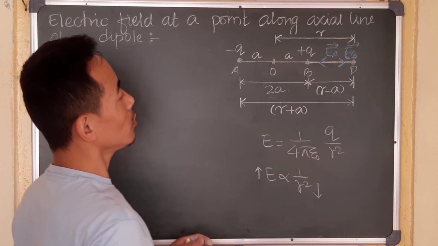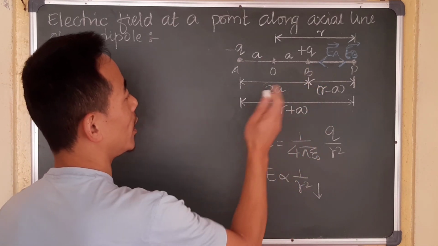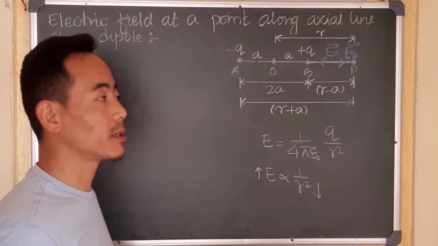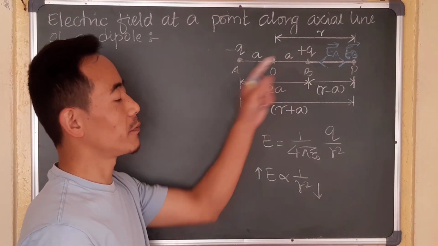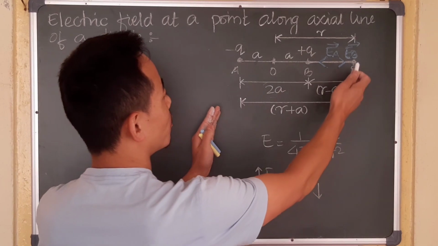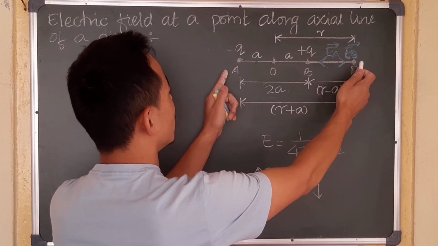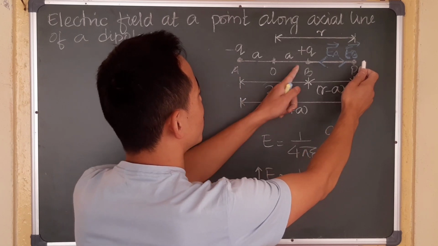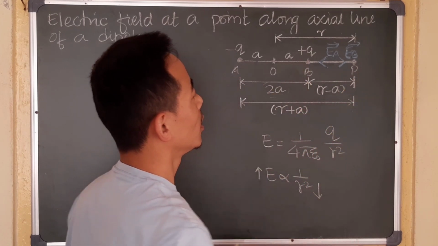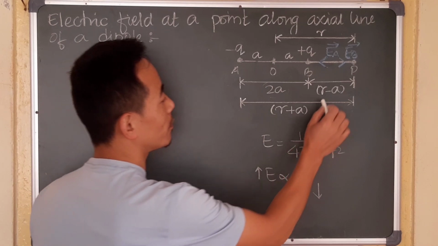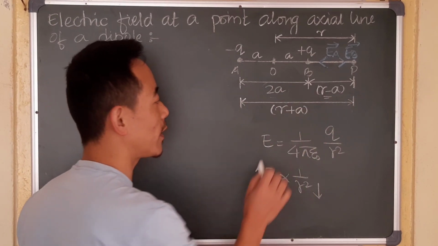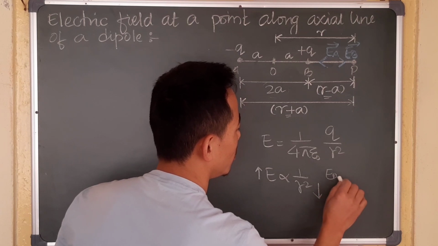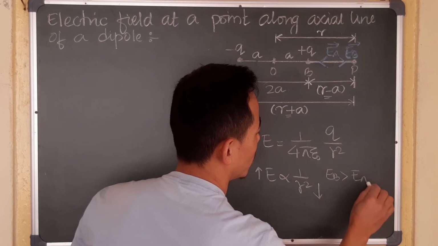Now between the two electric fields, EA and EB, which one is greater? In order to find out, we will see the distance of point P from the respective charges. P is at a distance of R plus A from the minus Q charge, and at a distance of R minus A from the plus Q charge. Obviously R minus A is smaller than R plus A, which means EB will be greater than EA.